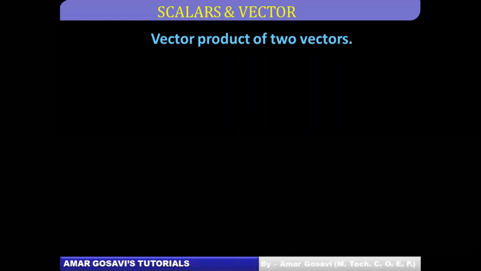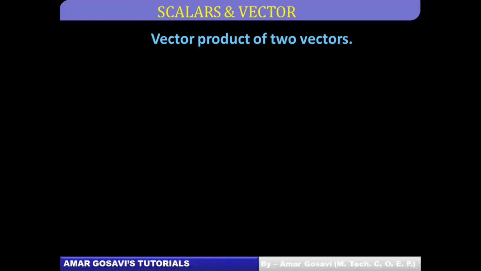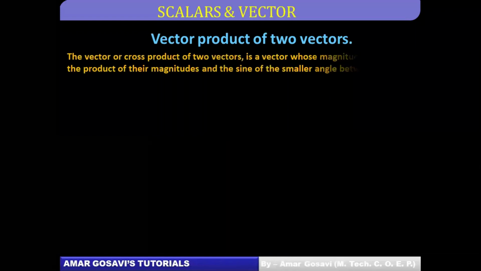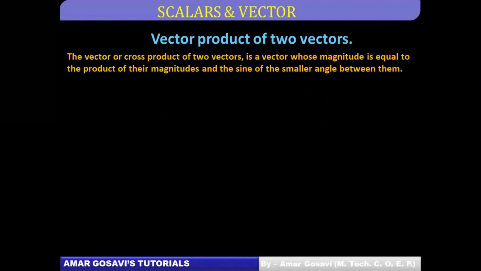We call it the vector product, or the other name for it is the cross product, friends. Okay, so let's define it basically. How do you define a vector product or a cross product? It is defined as the product of the magnitudes of the two vectors, and instead of cos here it is sine of the angle between them.